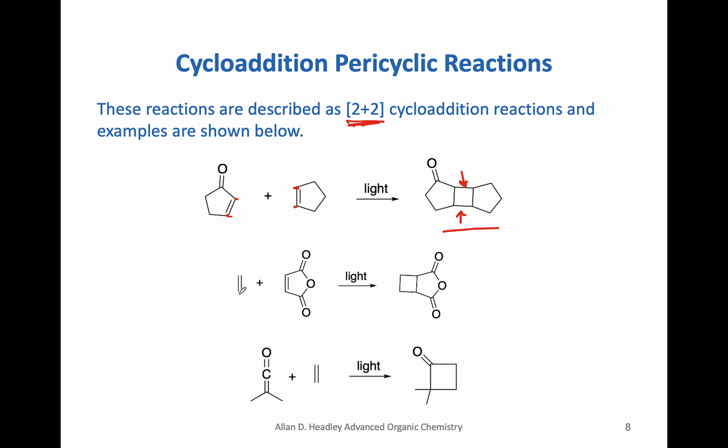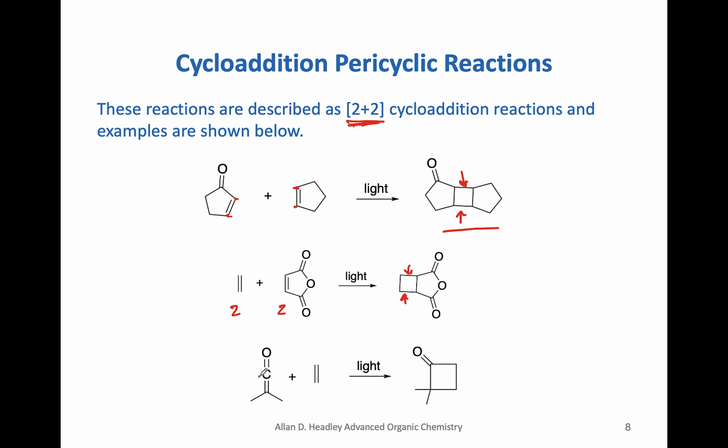Here's another one, 2 plus 2. In the presence of light, excitation, a bond will form right here, and here is that bond, here's the other bond, so we have the cyclobutane here. Here's the last example, 2 plus 2.